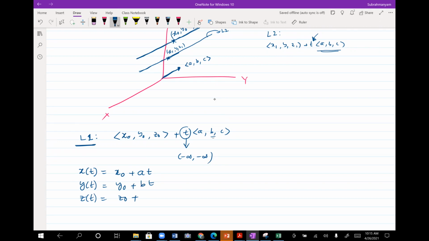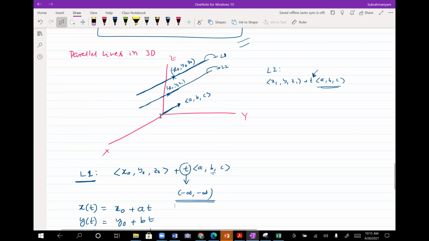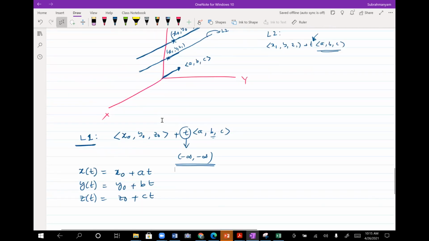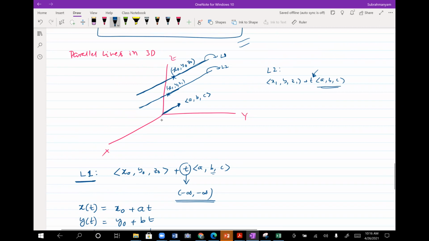See here, b times t. z of t equal to z naught plus c times t. And this t could vary in the range of minus infinity to plus infinity. Then, by varying this parameter t and knowing x naught, y naught, z naught, you could represent any point on this particular line L1.